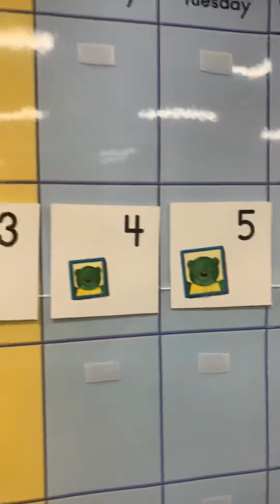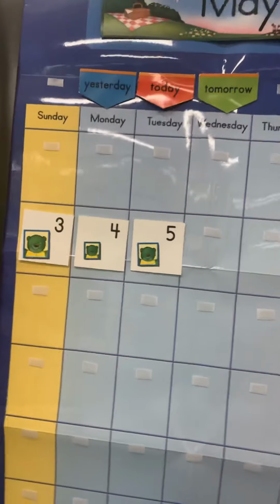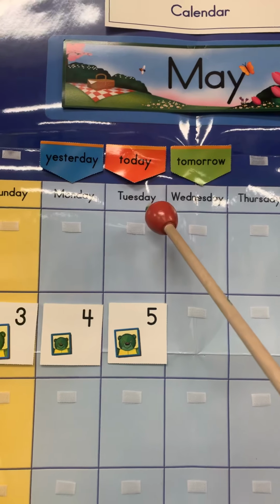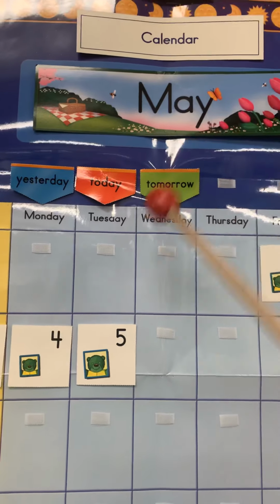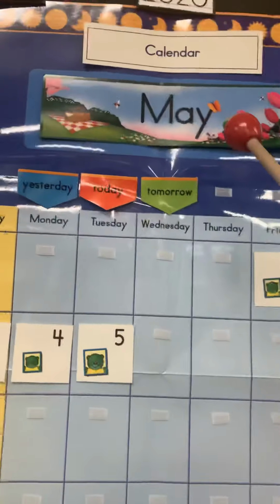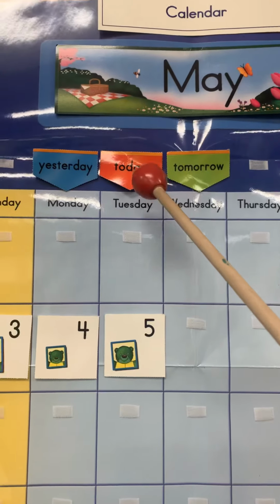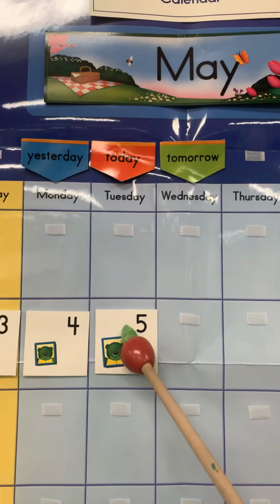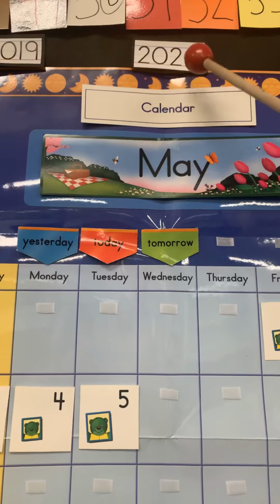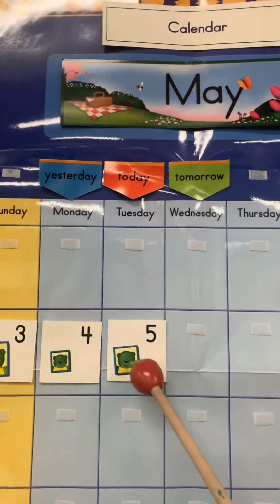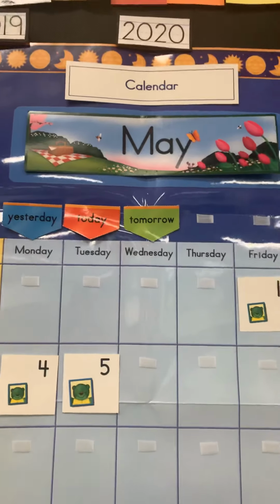Okay, I think we have all of our days now, or our information now. Let's say today is Tuesday, May 5th, 2020. Say it again on your own. Today is... one more time all together. Today is Tuesday, May 5th, 2020.